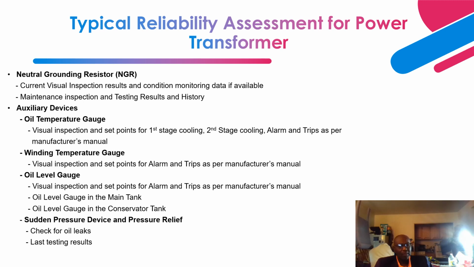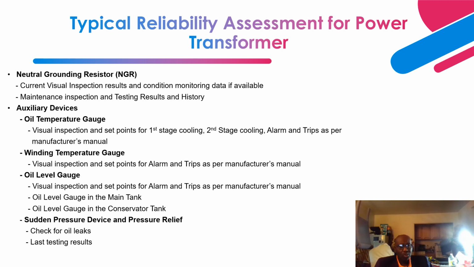Sometimes, if you have a power transformer that is located in a very extreme or harsh environment, the surface of the glass becomes very corroded, and it's very difficult for you even to see the indication of this oil temperature gauge.